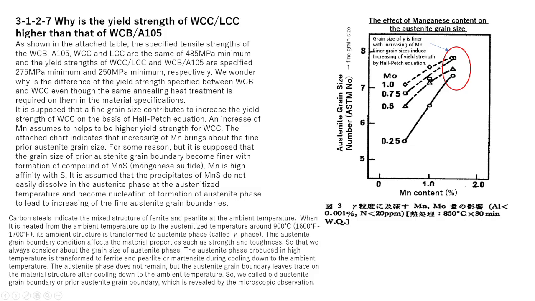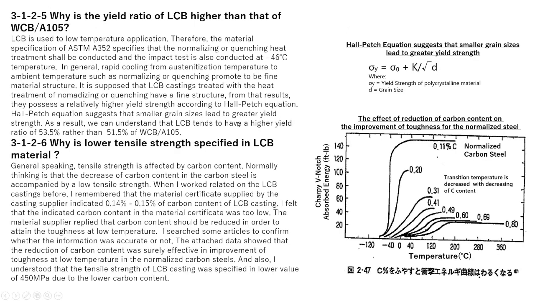So again, we look at the Hall-Petch equation. Sigma y is the yield strength. The yield strength of WCC increases as the grain size d becomes smaller. This is the Hall-Petch equation.